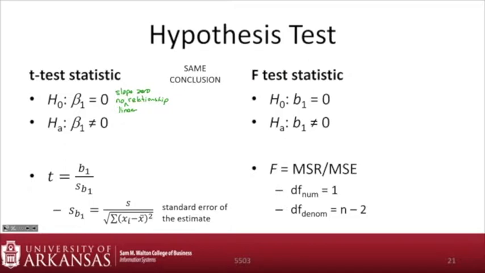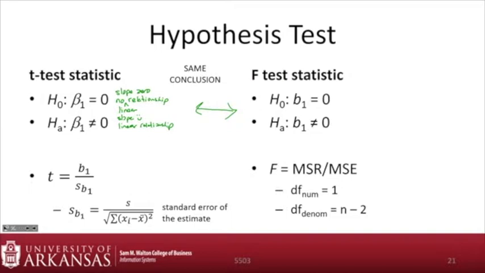Okay, so our alternative is that there is a slope, and so that there is a linear relationship. And so whether we use the t-test or the f-test, we're going to get this same conclusion.